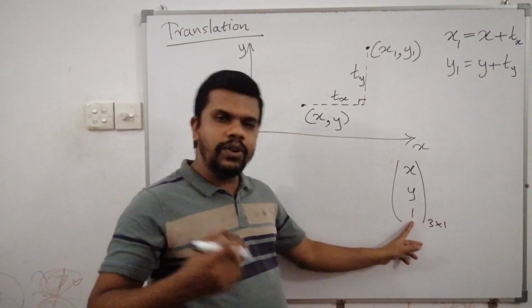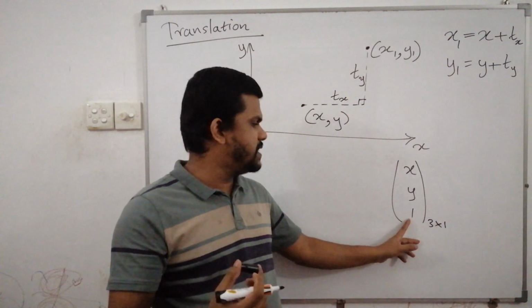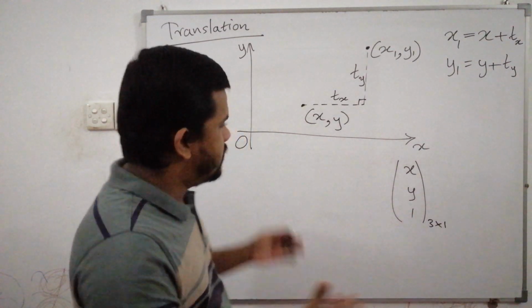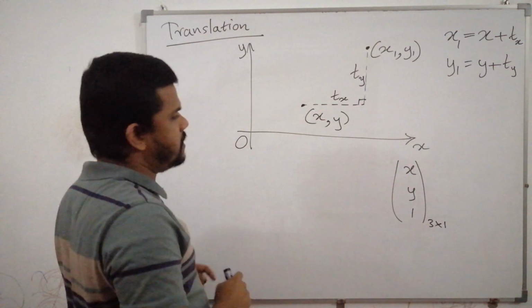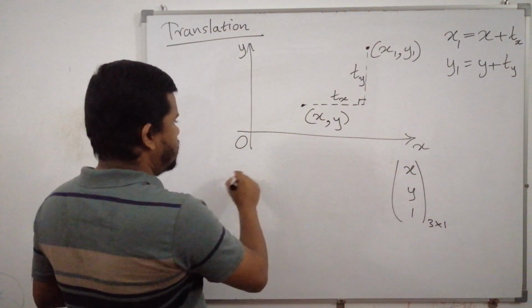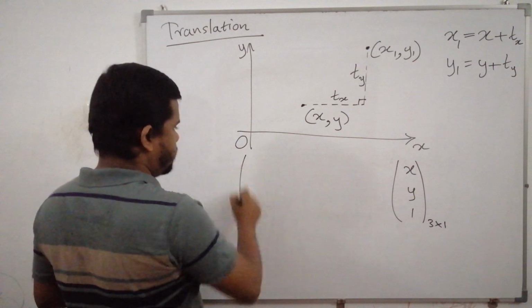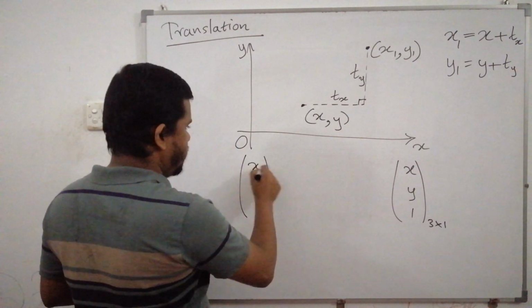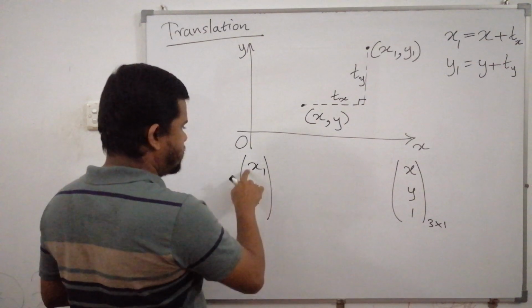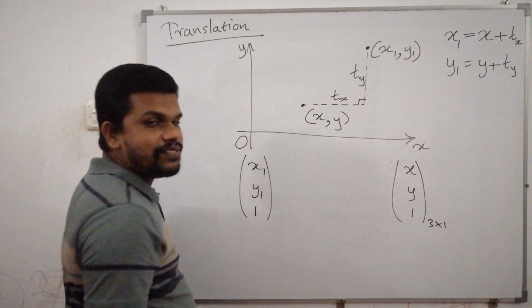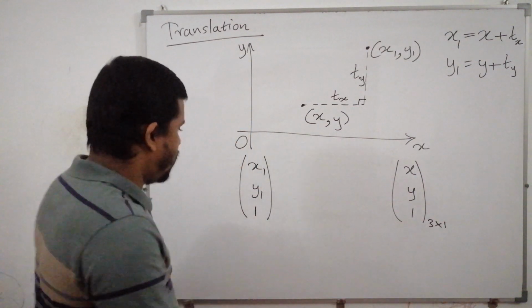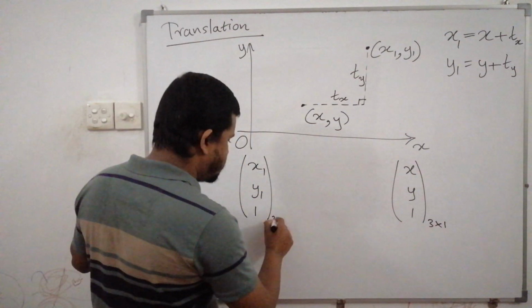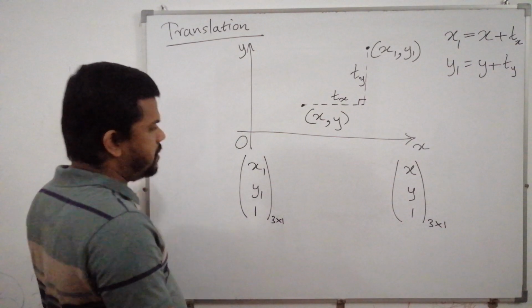This one is always 1. That means if you want to represent this point using a matrix, we simply put x1, y1, these are the coordinates, and here it is 1. This is always 1. So now this one is a 3 cross 1 matrix.